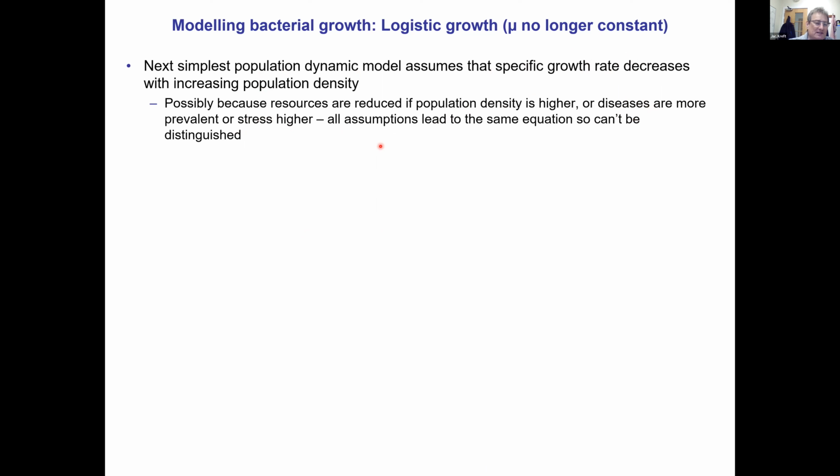Actually, all of these reasons can lead to the same empirical relationship between population density and population growth rate. So mechanistically, there may be very different reasons, but you get the same empirical or phenomenological relationship between specific growth rate and population density.